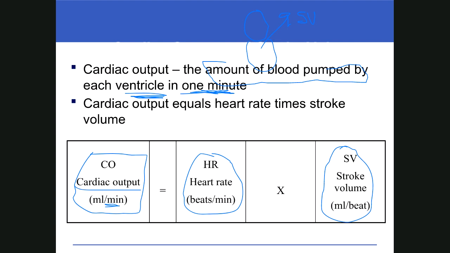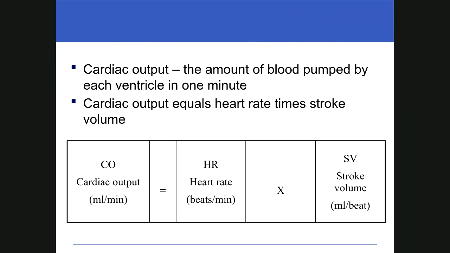So if we want to figure out cardiac output, it's really easy to do. All we do is we take heart rate and multiply it times stroke volume. So remember, an average heart rate is about 75. We saw that stroke volume over there at about 80. Everybody remember that? So if we want to know the cardiac output of that person, in that Wiggers diagram, we would just multiply those two.